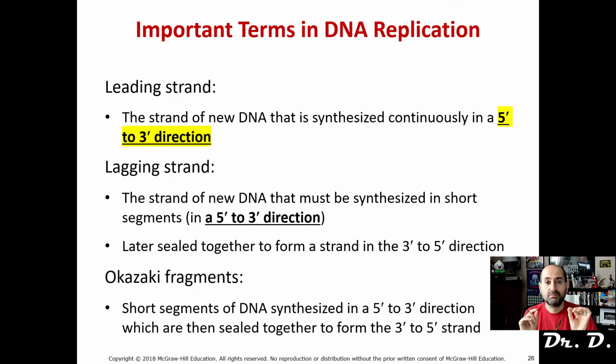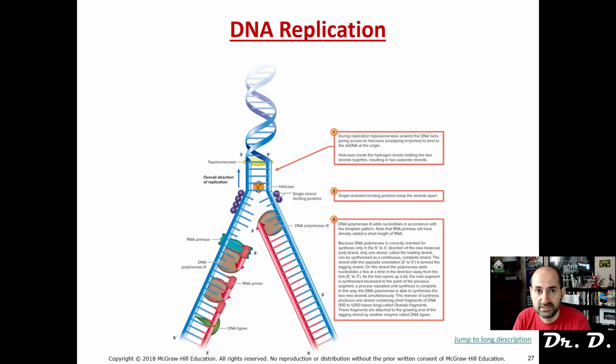The leading strand, by the way, builds 5' to 3' towards the replication fork, where the helicase is unwinding the DNA essentially, right? On the lagging strand, you're still building 5' to 3', but that's going away from the fork. And that's why you end up with the Okazaki fragments. You should know that for the exam.